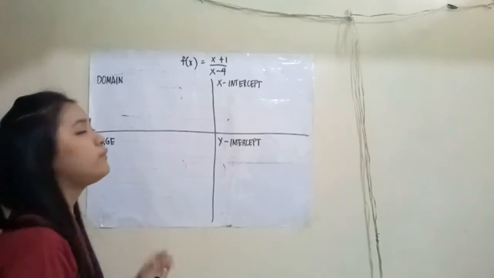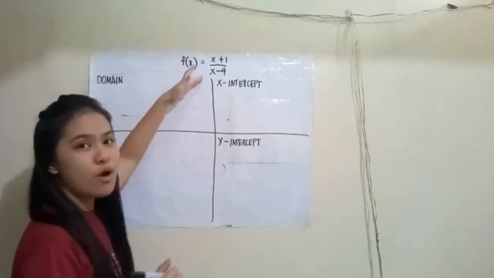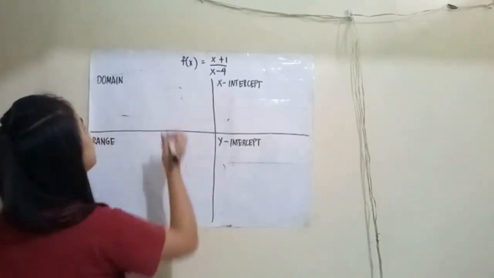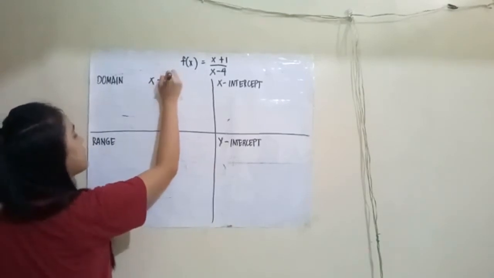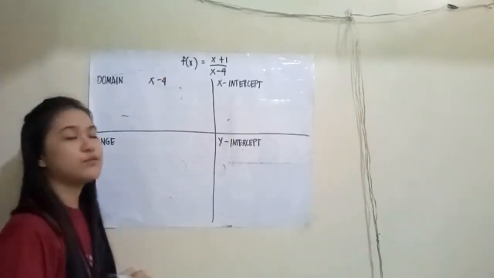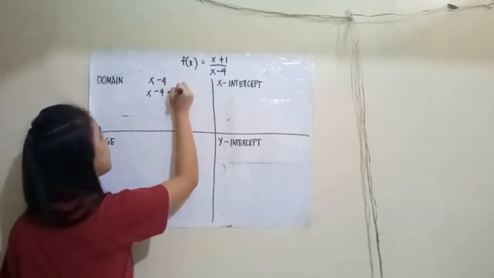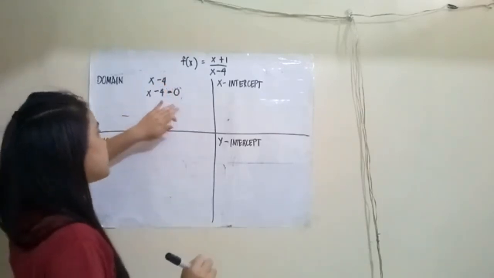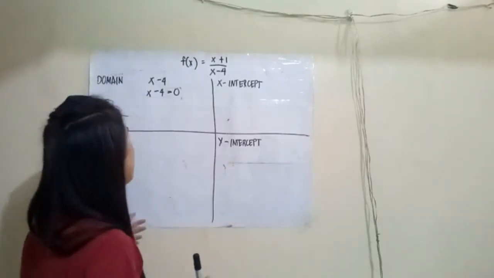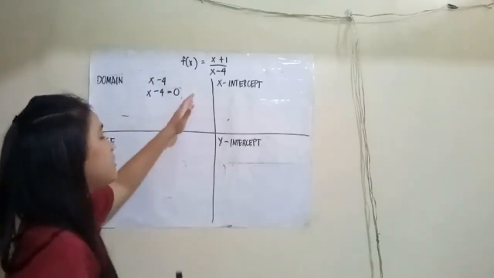In the domain, we will only focus on the denominator of the rational function, which is x minus 4. And we will equate x minus 4 to 0 because we are finding the values that will make the denominator 0.